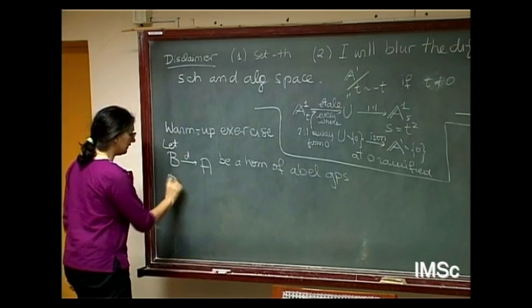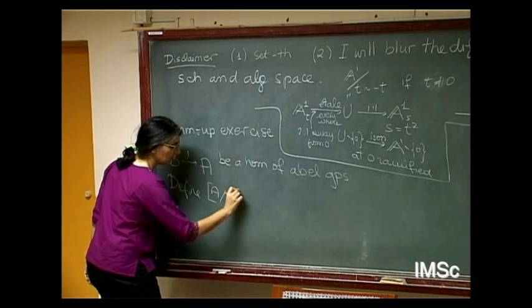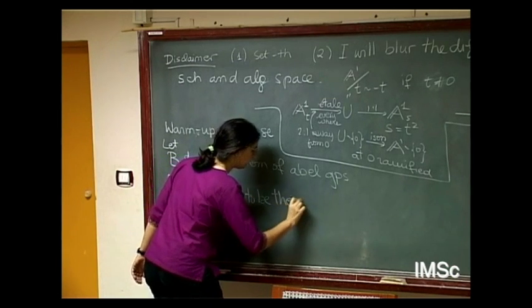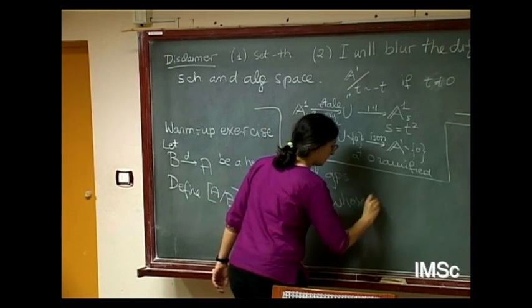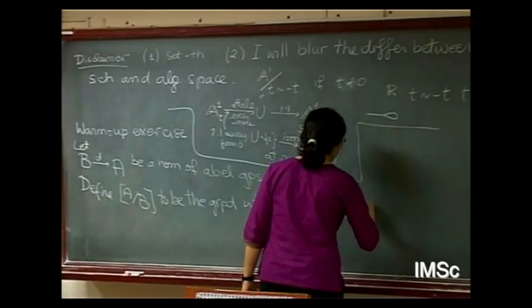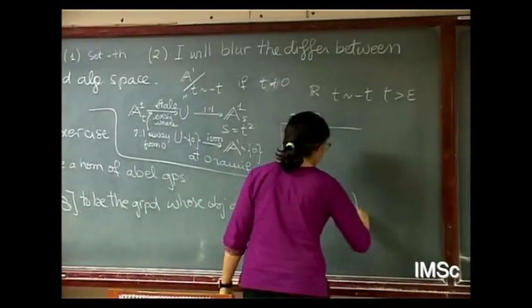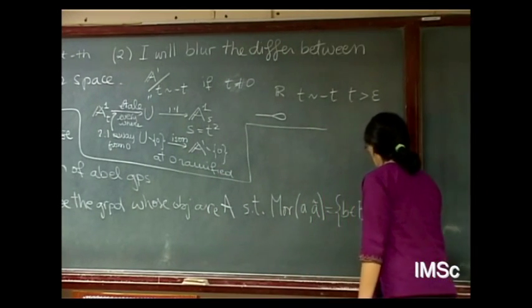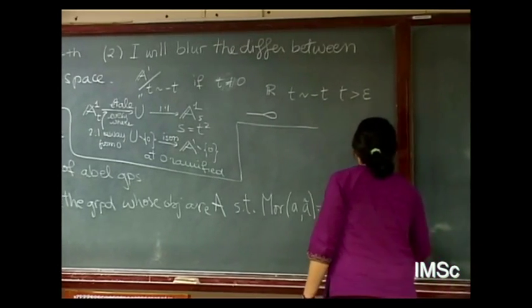And define A over B to be the groupoid whose objects are A, and such that the morphisms from a to ã are the b in B such that ã is a plus d of b.